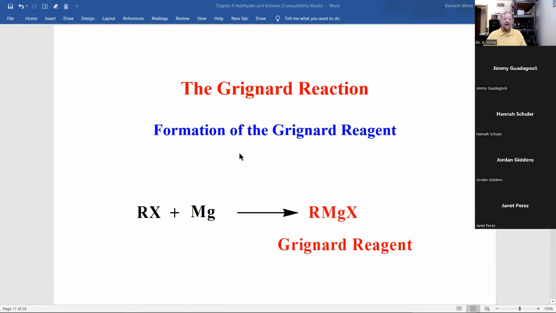Now, the following reaction is called the Grignard reaction, and it's named after one of the greatest of all organic chemists, the French organic chemist, Victor Grignard.